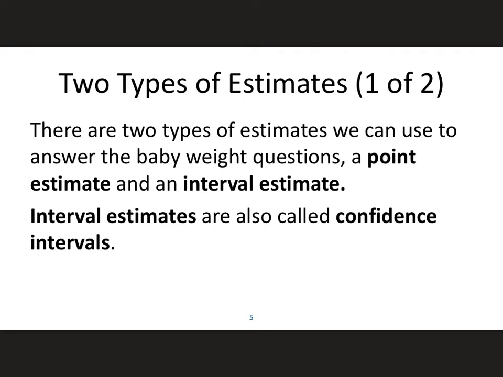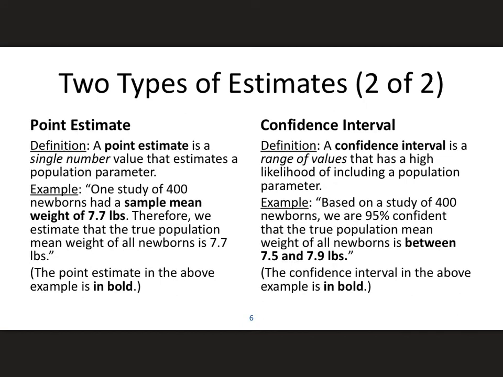There are two types of estimates we can use to answer the baby weight questions, a point estimate and an interval estimate. Interval estimates are also called confidence intervals. A point estimate is a single number value that estimates a population parameter.